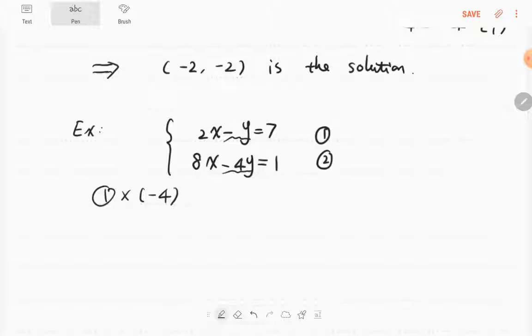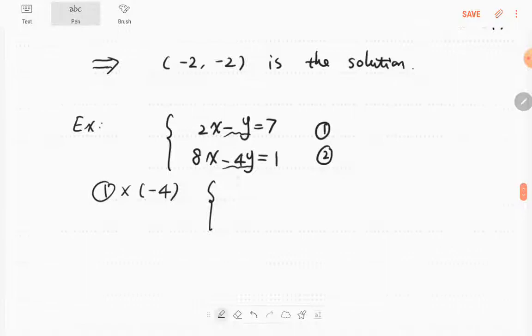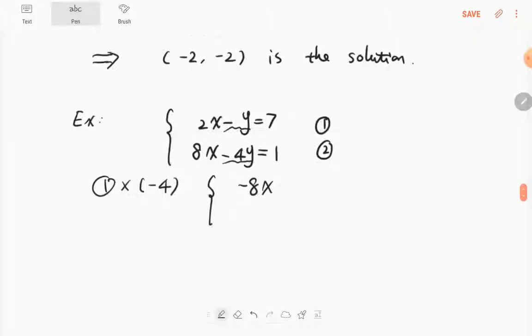So let's do this. After we do the multiplication for equation 1, we will get times -4. So 2x, we will have -8x. 2x times -4.